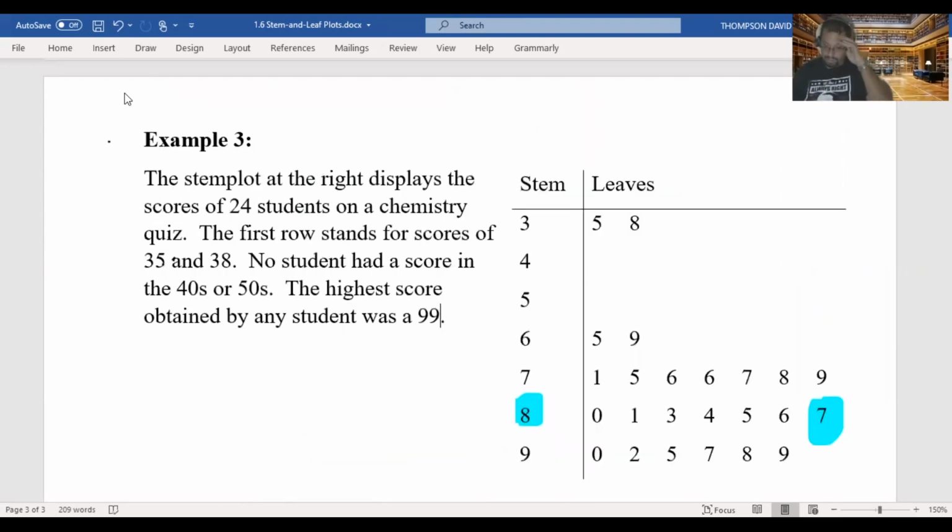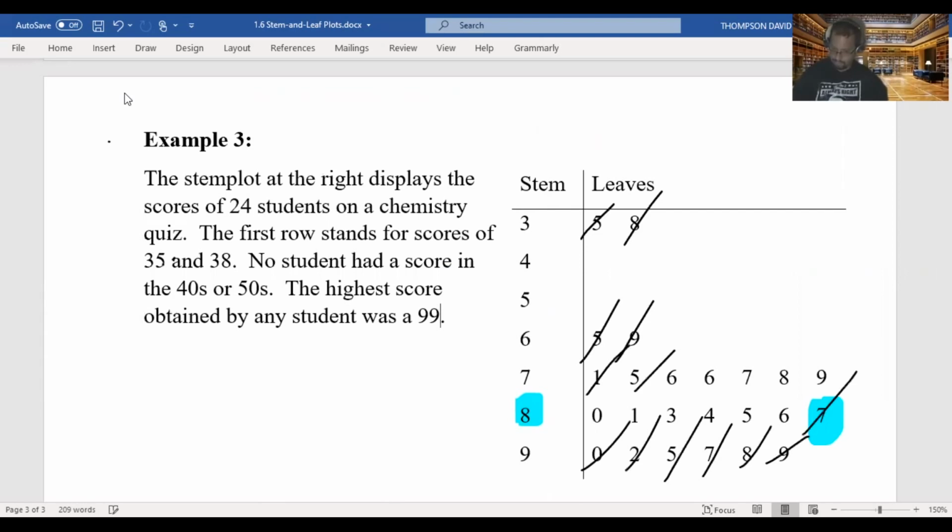What is the median test score? So we're going to cross until we get to the middle. Keep crossing until you get to the middle. We're almost there.